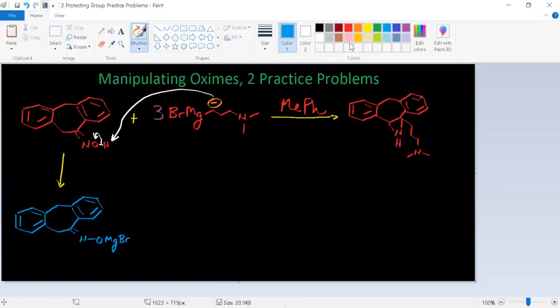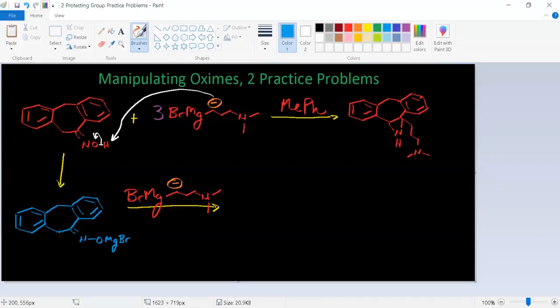Now at this point, we can start playing with our third equivalent of Grignard reagent. Let me go ahead and rewrite this Grignard reagent. Here we go. We pretend that carbon has its own lone pair of electrons.